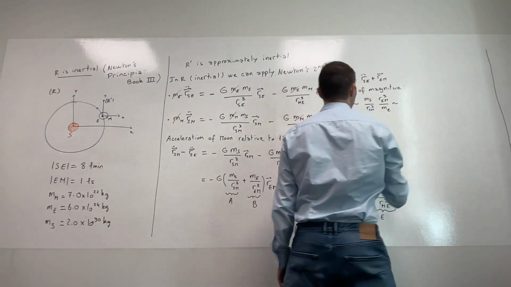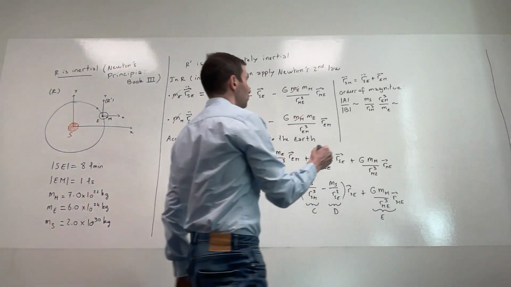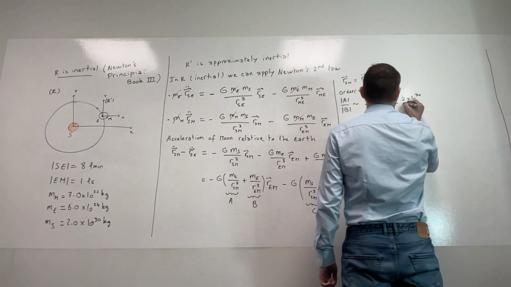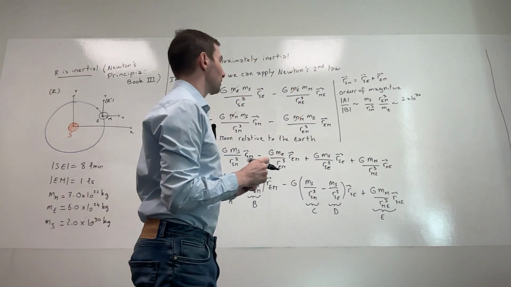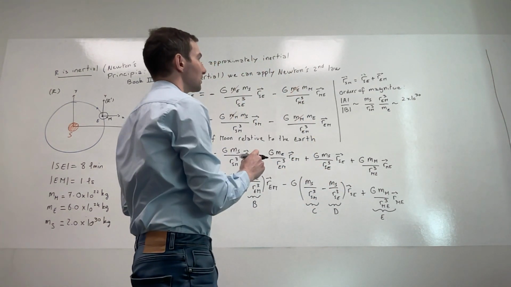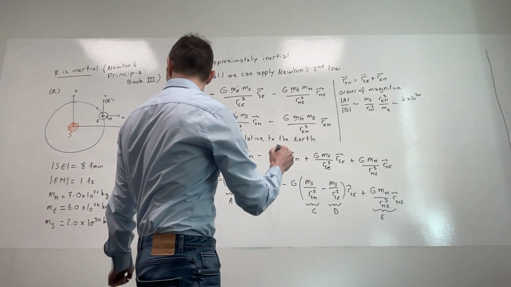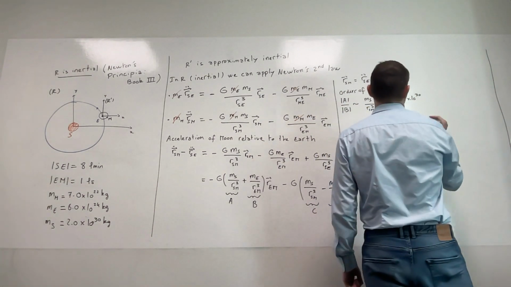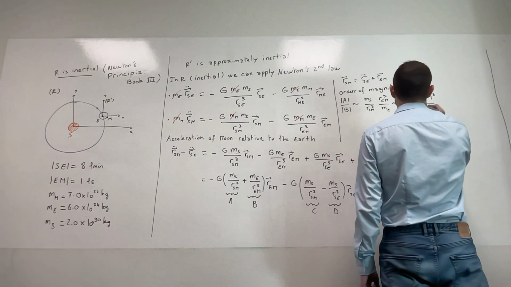So here I'm only caring about orders of magnitude, so I just need to substitute. So I've got 2 times 10 to the power 30. All of these are ratios, so I don't care too much about these things. Then I've got REM cubed, so that's 1 cubed. Okay, so nothing crazy here.